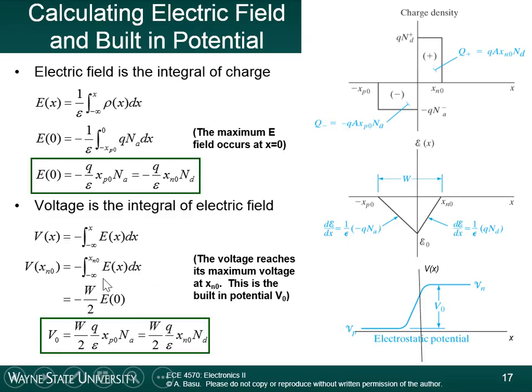So if we plug in the value 0 here, this was the general formula of E of x, 1 over epsilon integral from negative infinity to x of rho of x. If we plug in 0 for x, then we'll basically get the entire area under this curve here. We already found out earlier that this was q times a times x sub p times na.